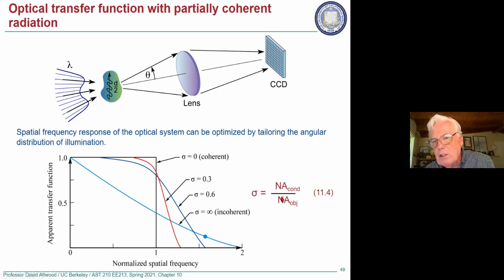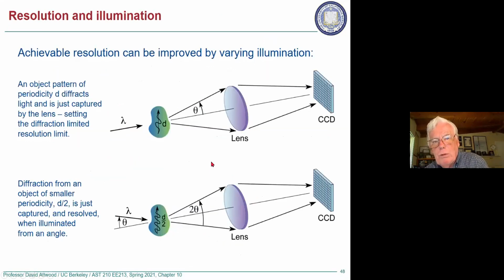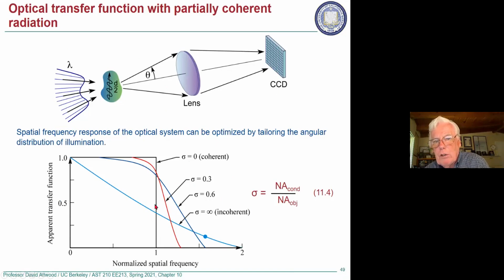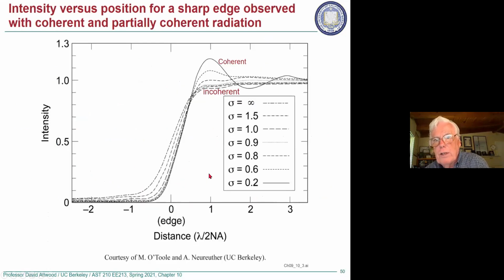And there's a non-dimensional parameter, sigma, which is the ratio of these two things. So for coherent illumination, this would just be parallel light, and this would be 0. And so sigma equals 0 would be coherent illumination. And you can have whatever angular control you want here, but being motivated by this performance, you try one of these others.